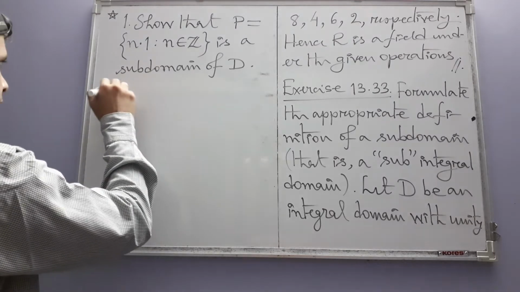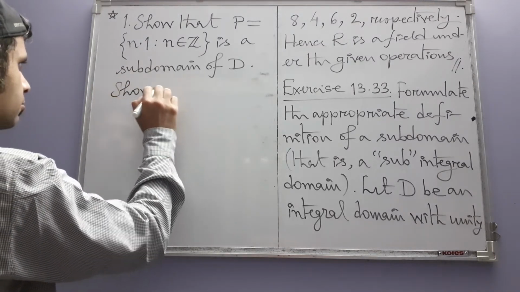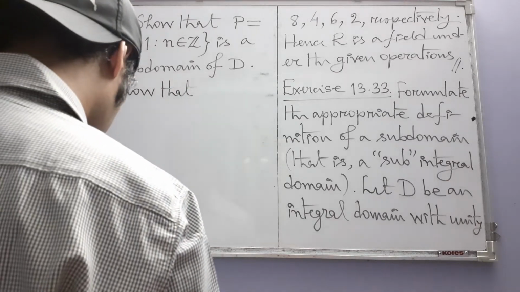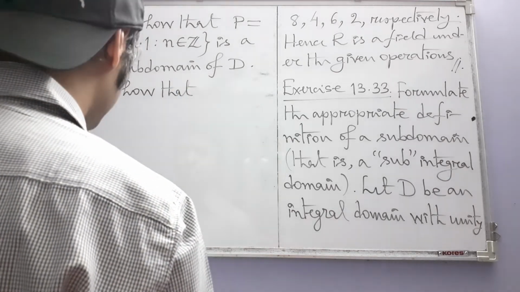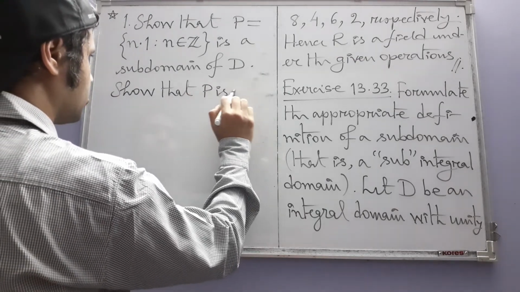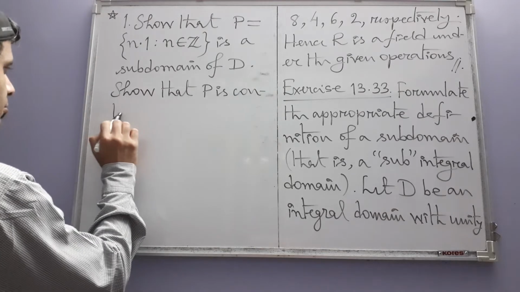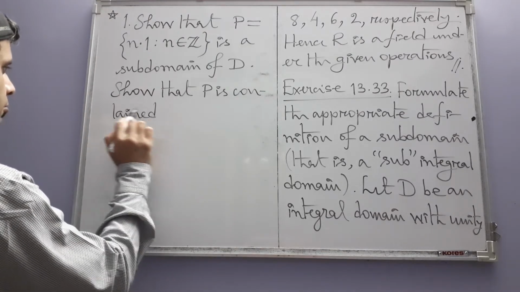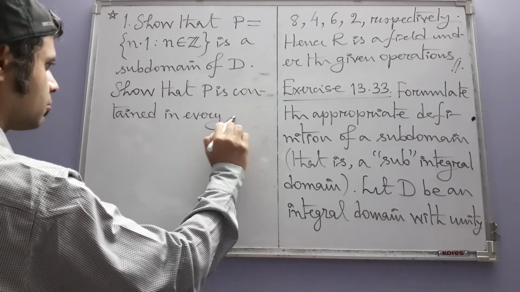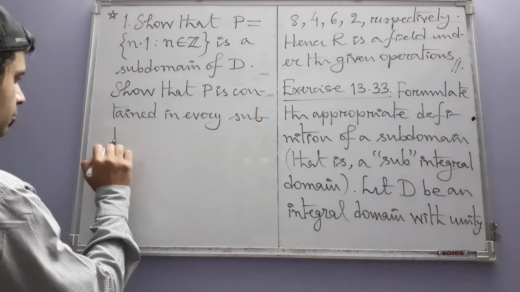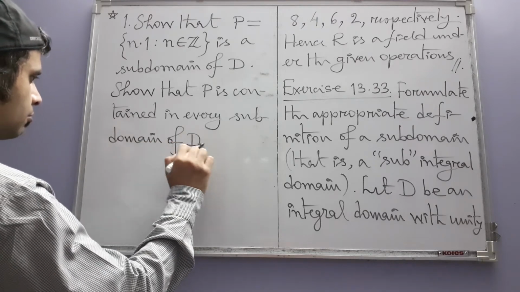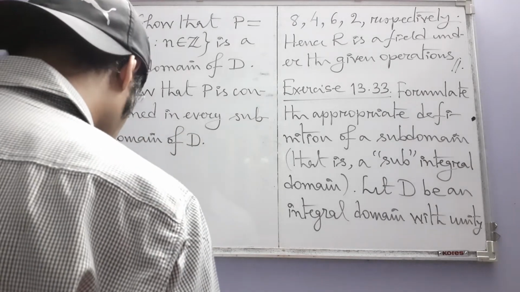Additionally, show that P is contained in every subdomain of D. And further, there is something else also.